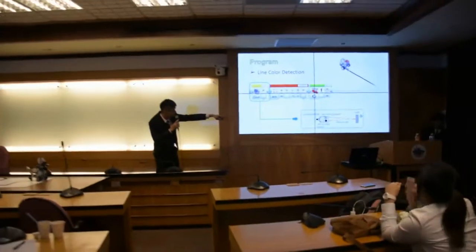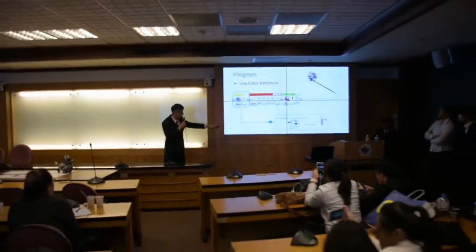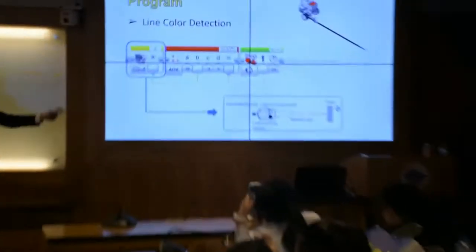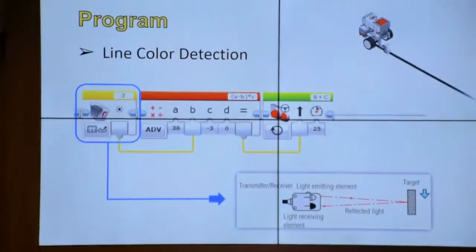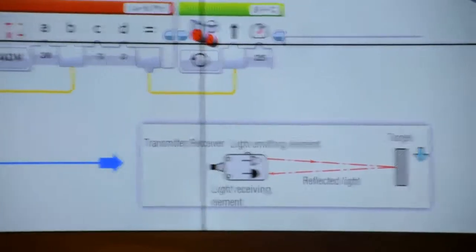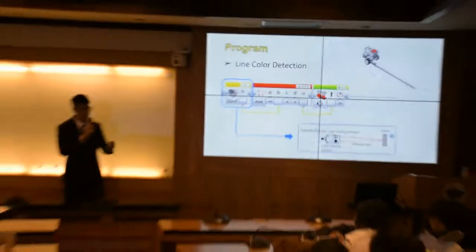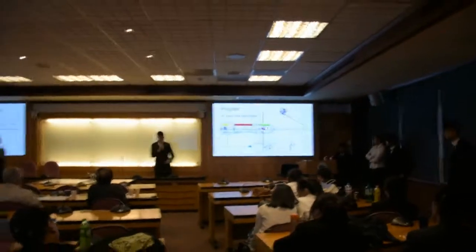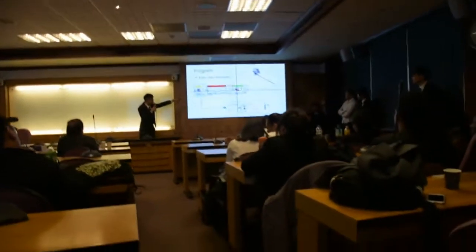And this function is about the color sensor, and it can emit light to a target, reflect light from a target, and the reflected light will also be judged by the color sensor. So the color sensor value for the black color is about 1 to 10, and the white color is about 70 to 80. So after the robot dog starts to move, it will move to the second function.